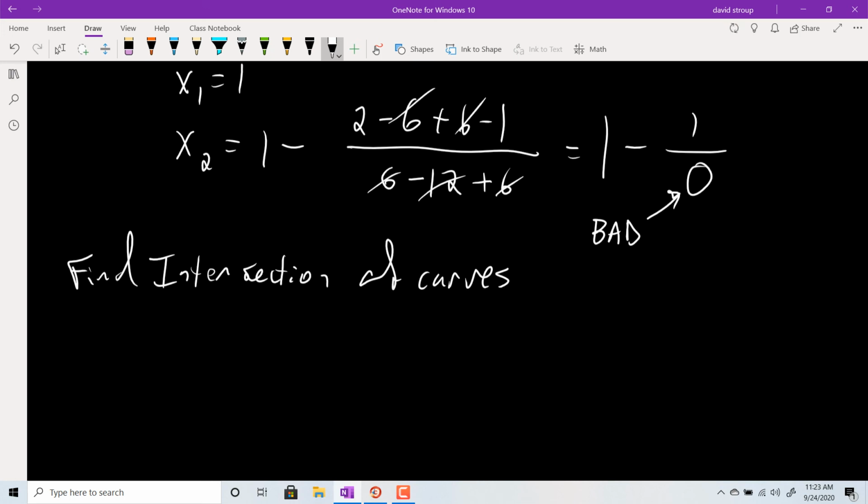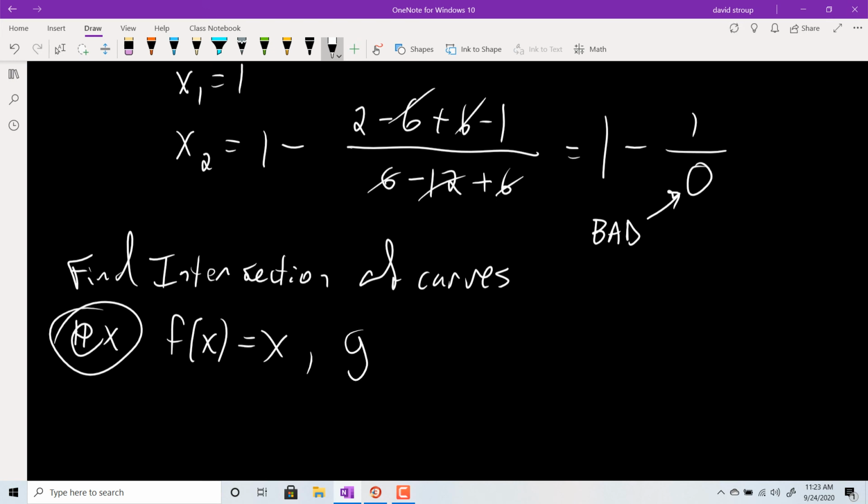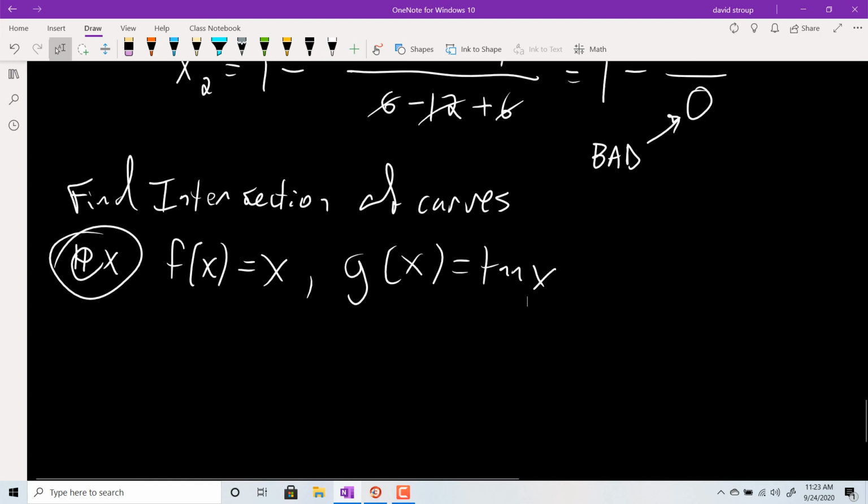And what this demands is that you reinterpret the intersection as finding an intercept. So our example here, we want to find the intersection of f of x equals x and g of x equals tan x. If you think about finding intersections, in general, what we do is set the equations equal to each other, right? So setting them equal, x equals tan x, we can note that this is the same as x minus tan x equaling 0.